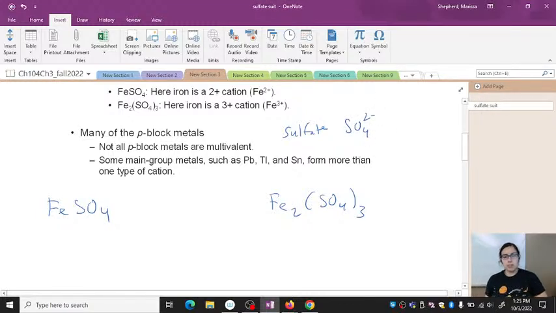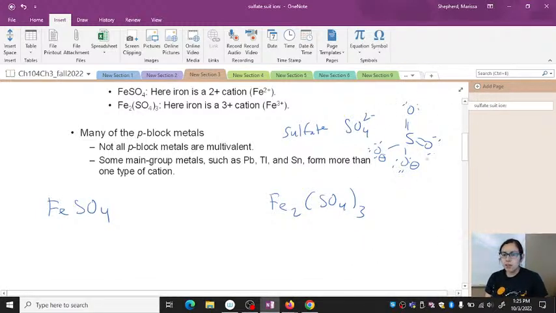And I can draw out the structure for you. So this is what sulfate would look like, and you will get here shortly in a chapter or two how to draw this.